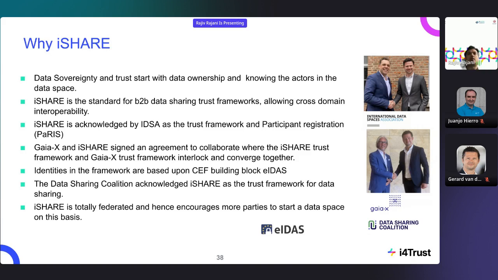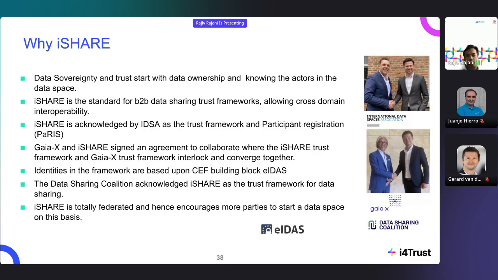Similarly, we are in collaboration with Gaia-X, where we have an agreement to collaborate and align the iShare trust framework and the Gaia-X trust framework and converge them together, along with, of course, the DSBA convergence results to explore or align the synergies between these various initiatives.